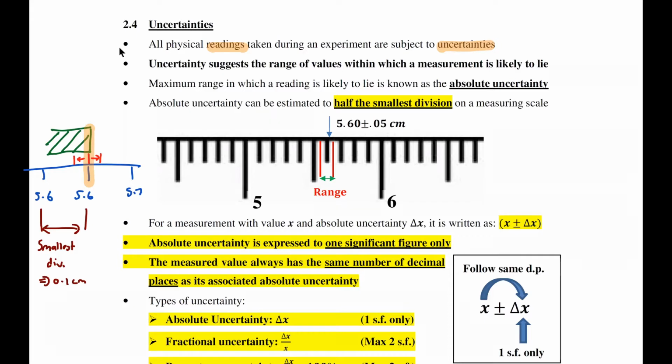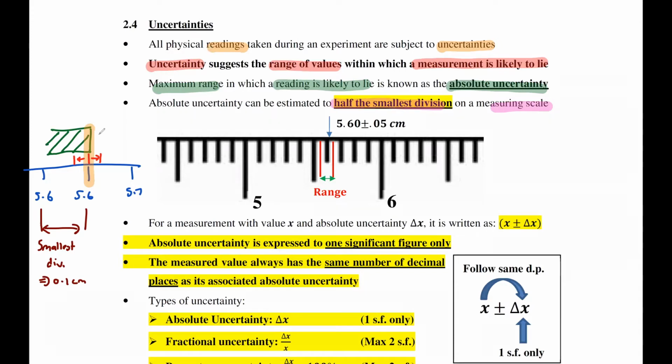As a result of this, it is often useful to state our measurement with its uncertainty, which suggests the range of values within which a measurement is likely to lie. We commonly state it as the absolute uncertainty, which tells us the maximum range in which the reading is likely to lie. On a measuring scale, absolute uncertainty is estimated to be half the smallest division.